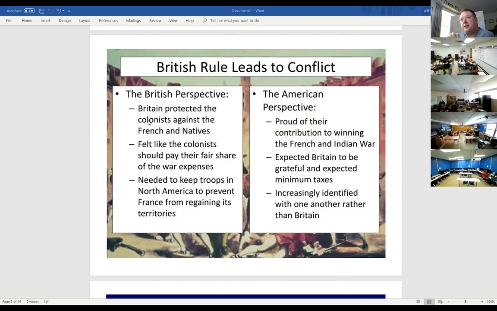Therefore, they expected the mother country to be grateful, because now, they're thinking, we'll be able to work more land, produce more crops, and also mine more natural raw materials and send them back to England. And so taxes should not go up.